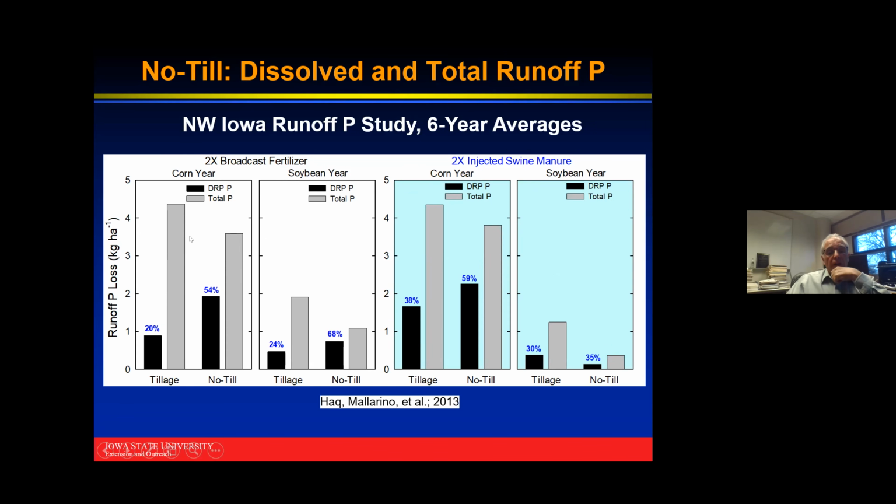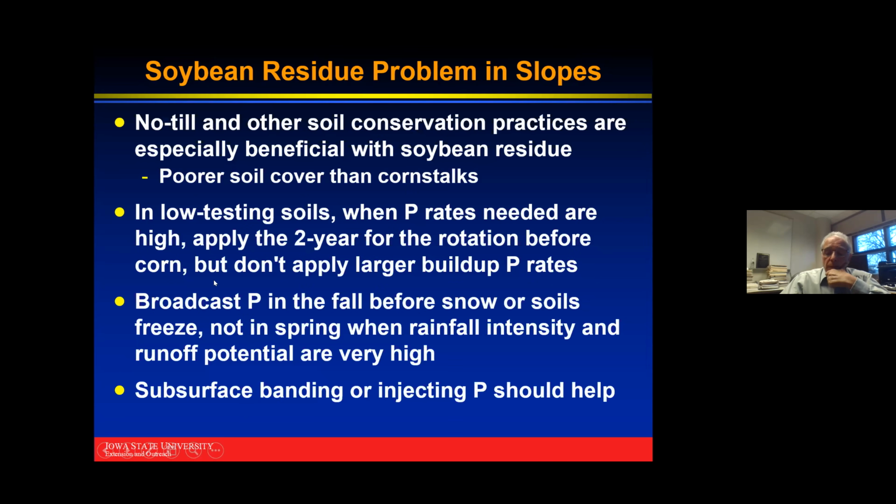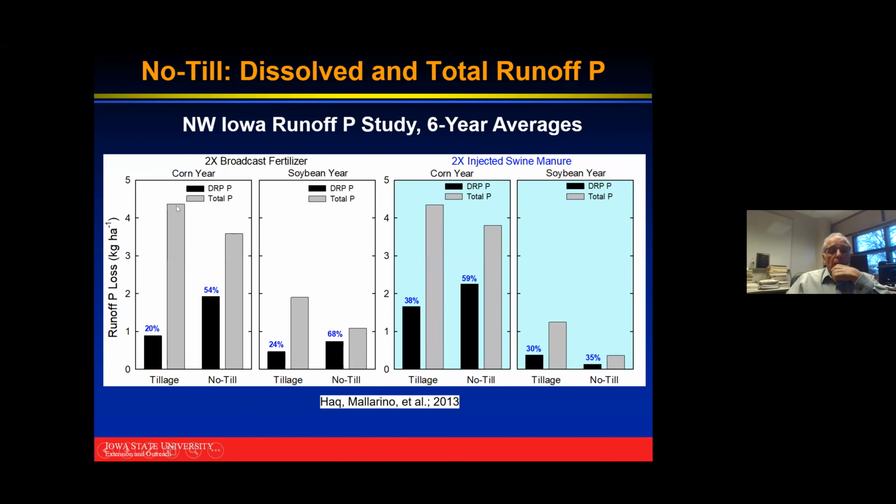We see that in the corn year and soybean residue, the no-till reduces the total P loss, which is the gray bar, but increases the loss of dissolved P. Okay, you can see the percentage here is about 20% with tillage, but 54% with no-till, okay? So we reduce the total P loss, but increase not only the proportion, but the actual loss of dissolved P. In the soybean year, it's the same trend, but the losses are much less.